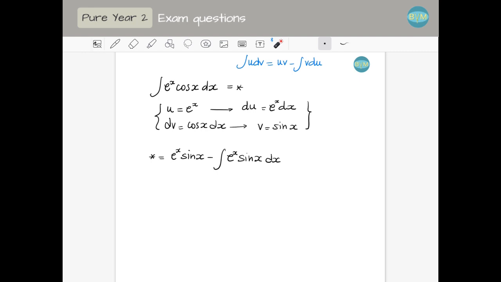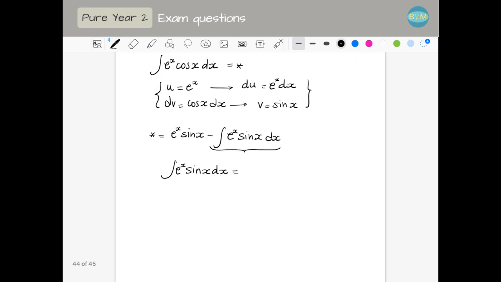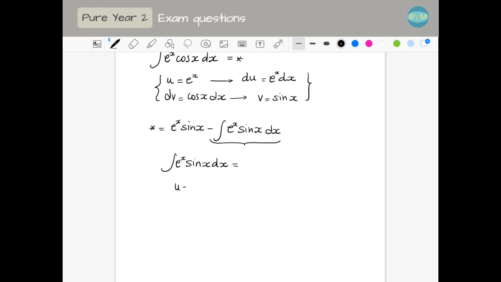So what I can do is apply integration by parts again here. If I just separate this, I'm going to integrate that. So I have the integral of e to the power of x sine x, and I'm doing the same. I can call u e to the power of x to be consistent, dv sine x dx.